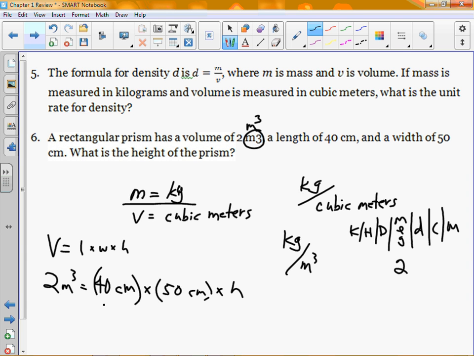So I have to convert this to cubic centimeters, which would be 2, every time I move. What do I do with the decimal? How many places? 3. Because this is 2 million.